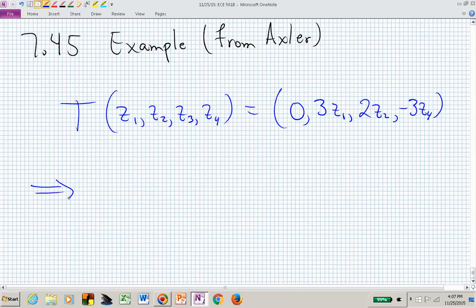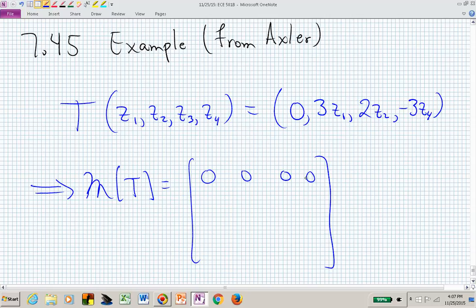I hope by this point in the semester it's pretty easy to immediately write down what the matrix representation of that linear operator looks like. It's now a square matrix, and if we operate on a 4-vector and generate the 0 in the first component, then we must be weighting those components in the original vector z1, z2, z3 with zeros.